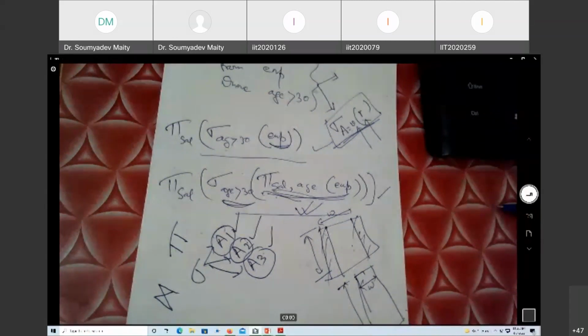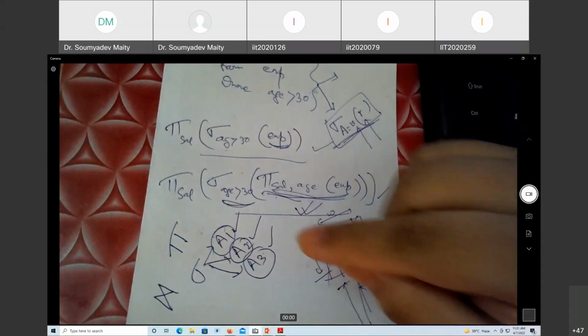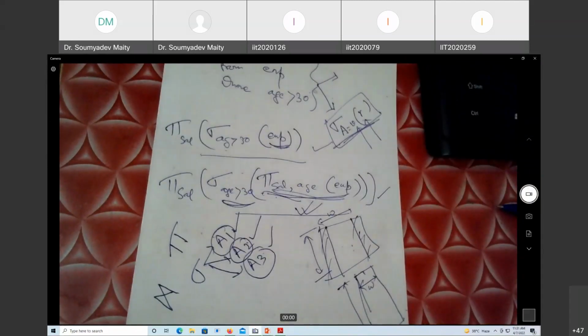From that, we can decide whether A1, A2 or A3 will be optimal to implement the sigma operation on those relations. Depending on that, we choose the algorithm.